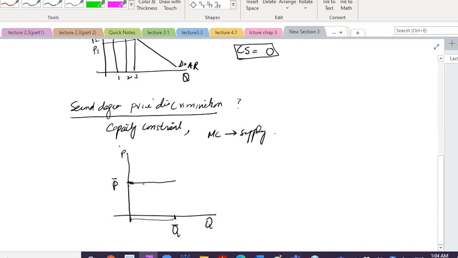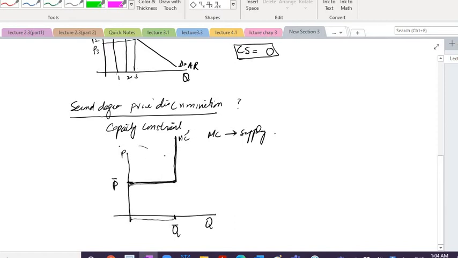Once they meet this capacity, the supply function becomes vertical. So this is the supply function, and it's called marginal cost. Until the capacity is reached, it is horizontal, meaning the same price is charged for all the units, and after that it becomes vertical because the firm cannot produce more than that.